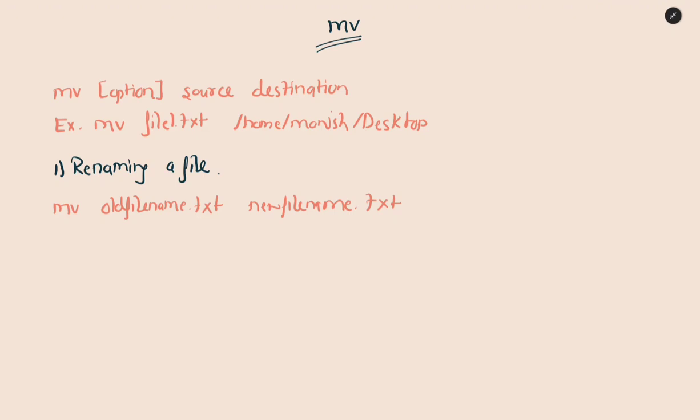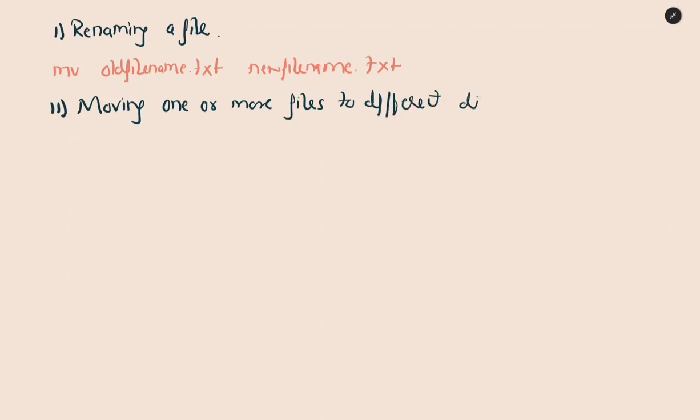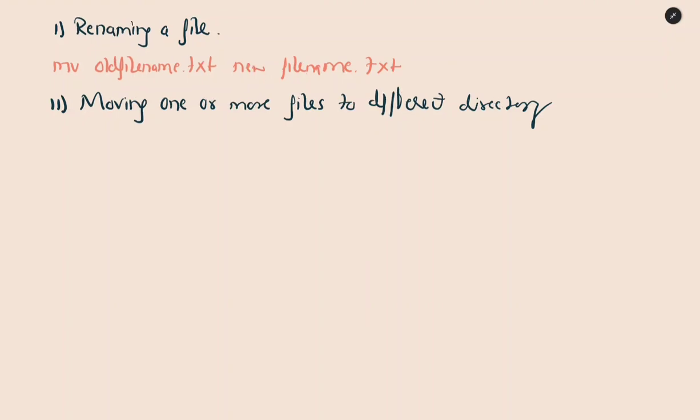Now we will see how to move one or more files to a different directory. Let's say you have file1.txt and file2.txt and you want to move both to a different directory, let's say /home/manish/desktop.